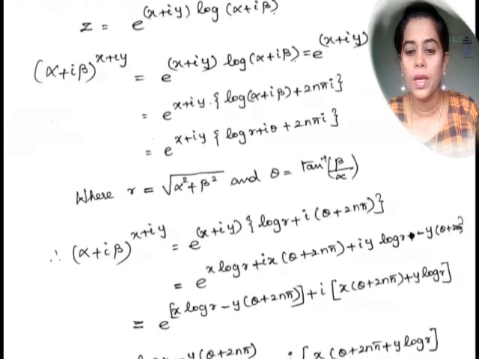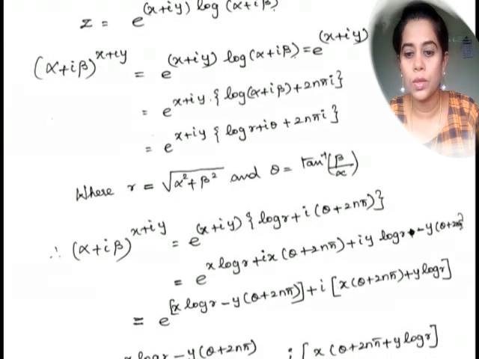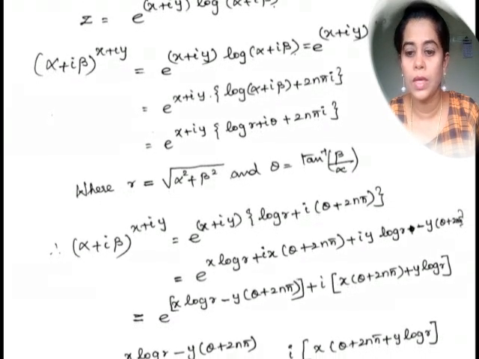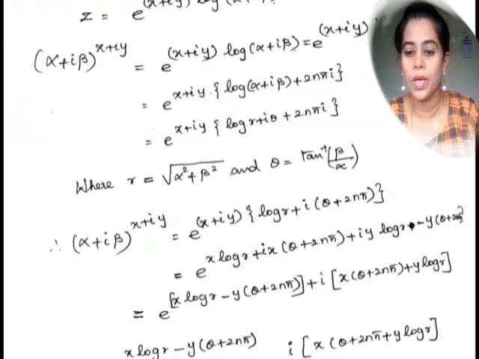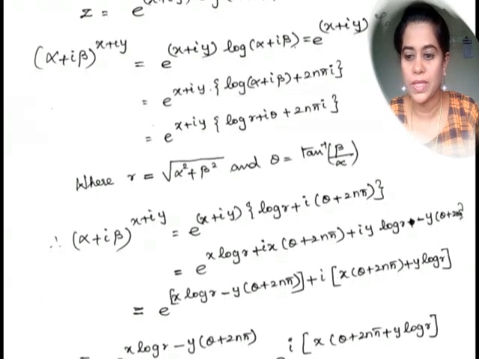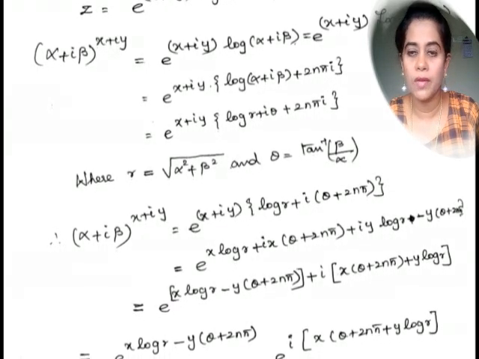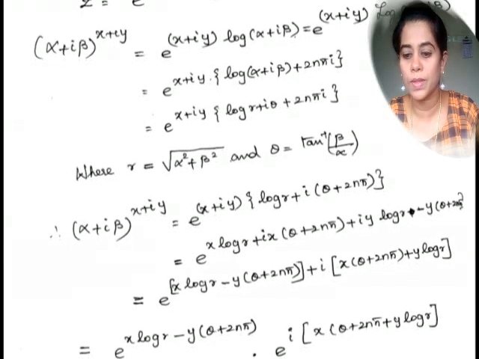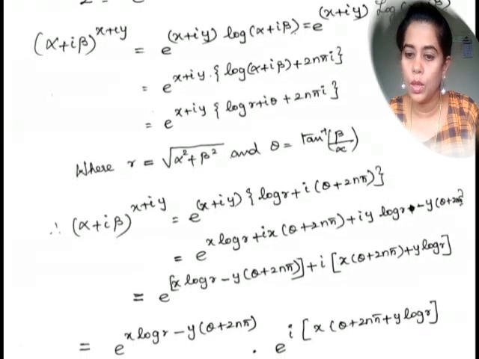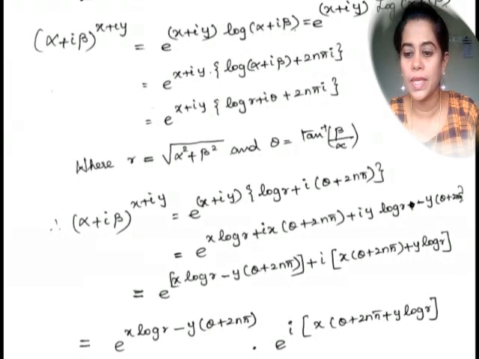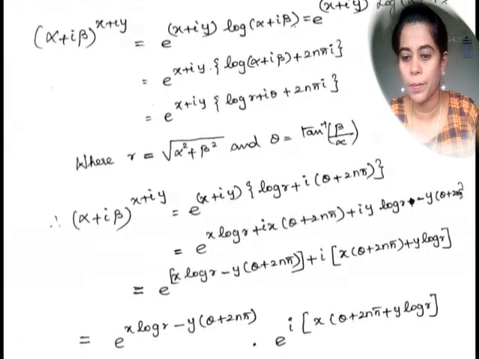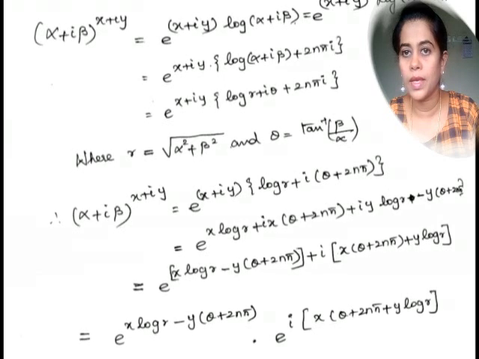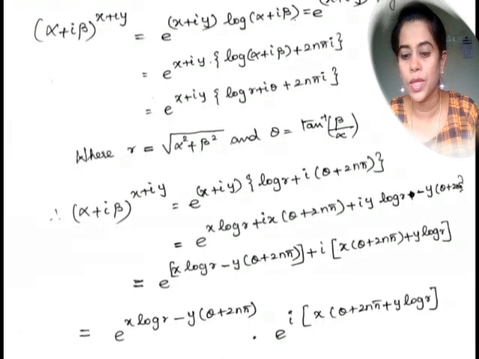Here r is equal to the square root of alpha squared plus beta squared, and theta is equal to tan inverse of beta by alpha. So therefore (alpha plus i beta) the whole power (x plus iy) is equal to e power of (x plus iy) into [log r plus i times (theta plus 2n pi)], taking i common.